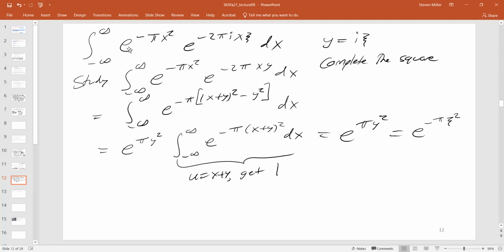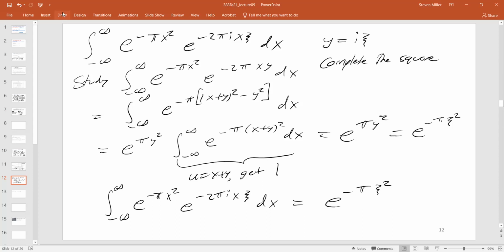Okay, so what we've shown is in the special case when y equals ic, we have the value of this integral. Any thoughts as to how this helps us? So we have the integral from minus infinity to infinity, e to the minus pi x squared, e to the negative 2 pi i xc dx equals e to the negative pi c squared.